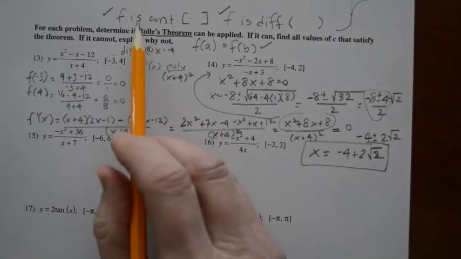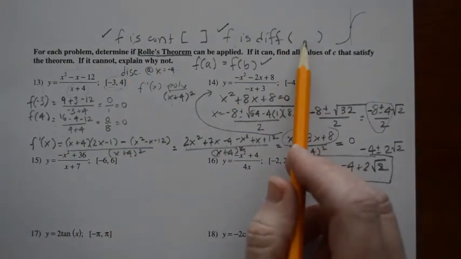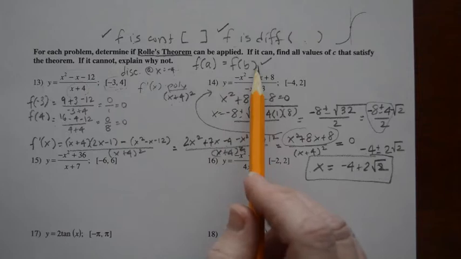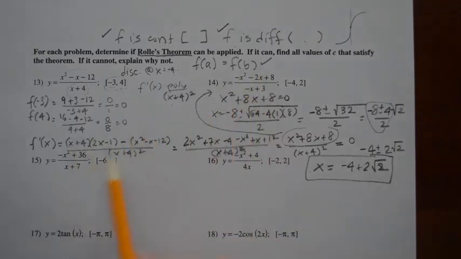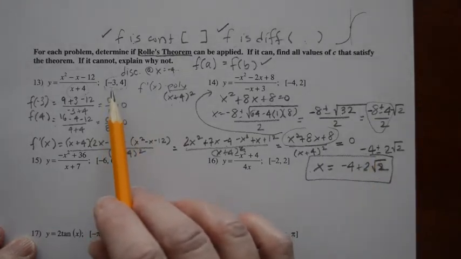All right, so again, we checked to make sure it was continuous on the closed interval, differentiable on the open interval, that the endpoints were equal. And so once we confirmed all that, then we took the derivative. And then because this was a rational function, we set the numerator equal to 0 and then solved and eliminated any values that were outside our interval, so outside that negative 3 to 4.